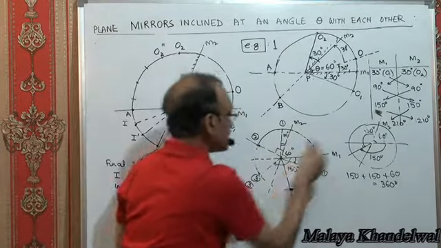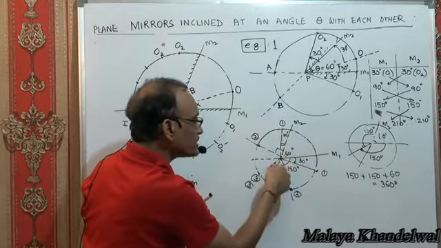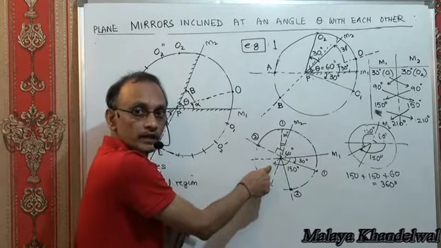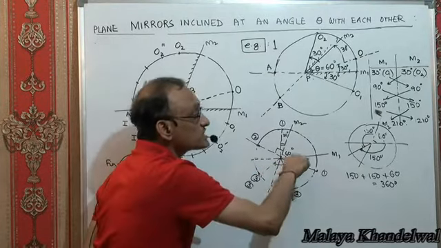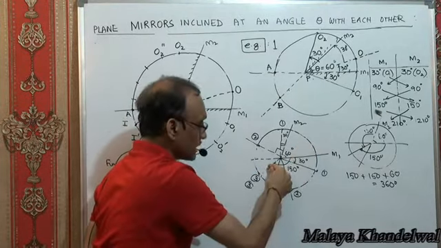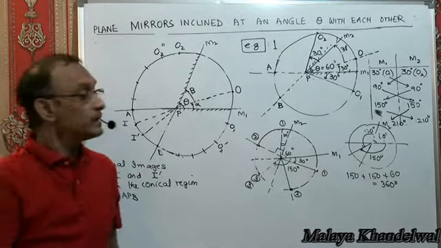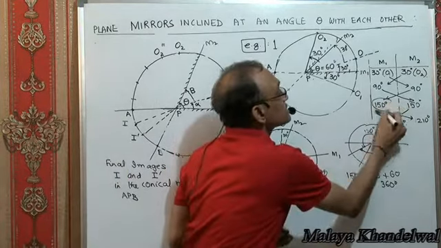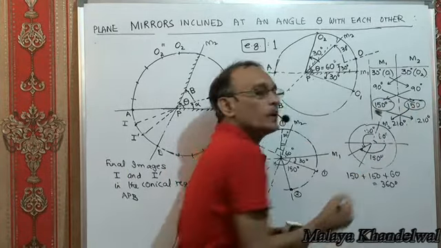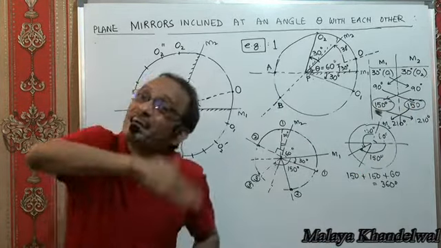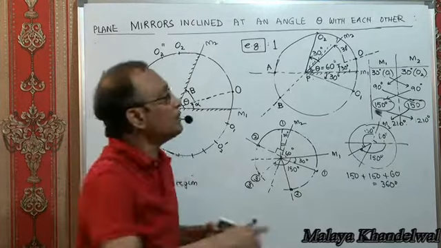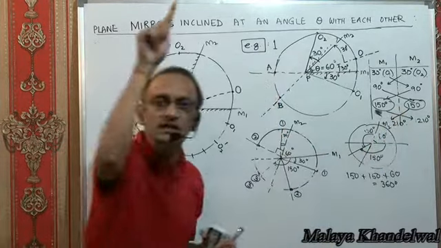Look at 150 degrees from M2. 150 degrees from M2 is this, right? And then I go another 60 degrees like this. I'll go behind M1, right? So the moment these angles are less than 180 degrees, I can keep adding theta and obtain the series of images.